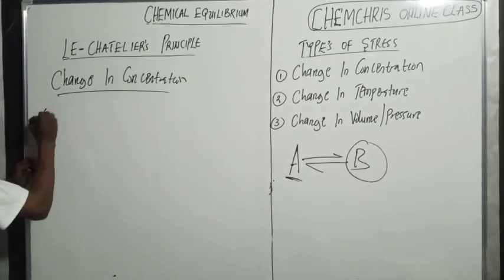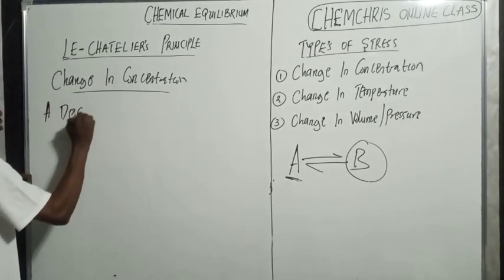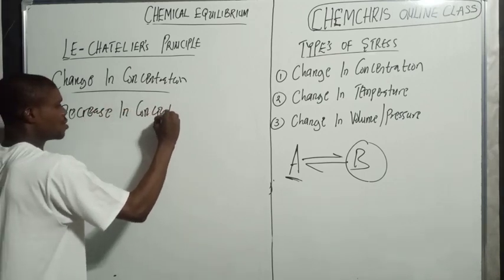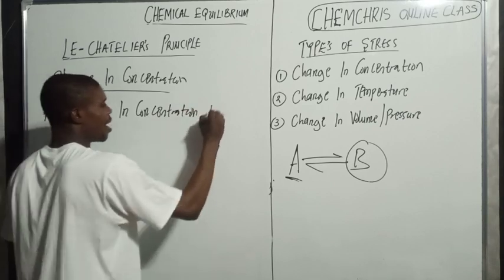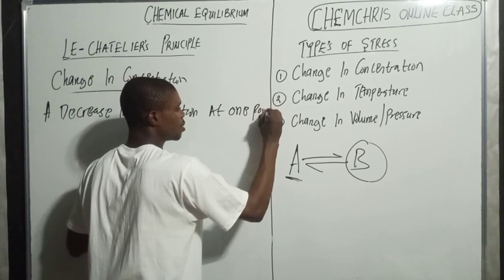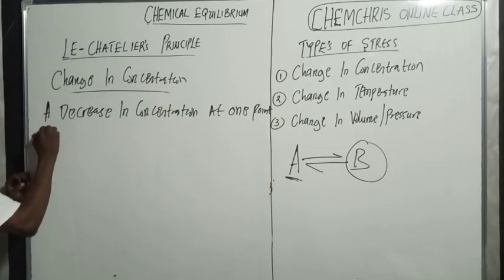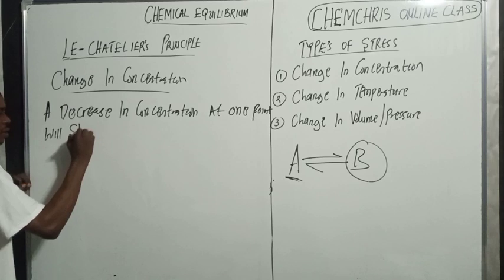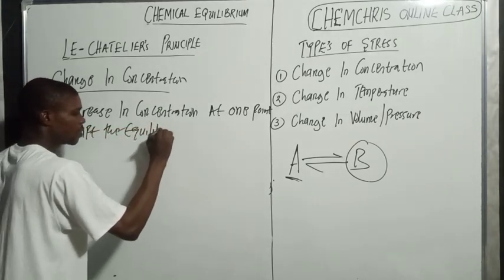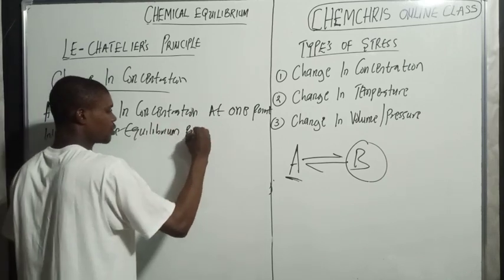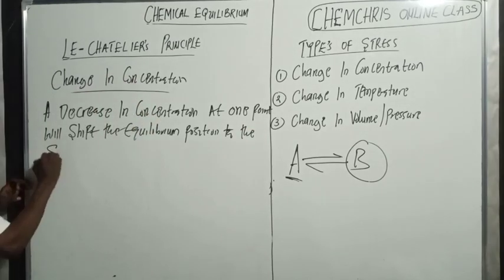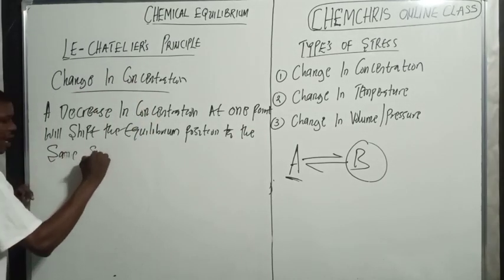Look at a decrease in concentration. A decrease in concentration at one point, we shift the equilibrium position to the same side.